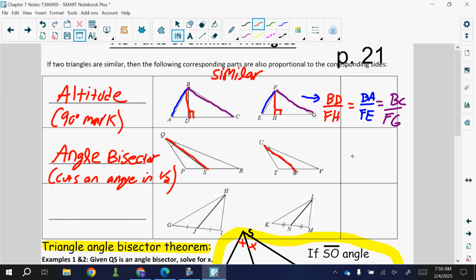Very similarly, we could say that angle bisector QS over UW, I'm going to put the little swoosh in my U so it's not confused with the V, would be equal to QP over UT, which is also equal to QR over UV.